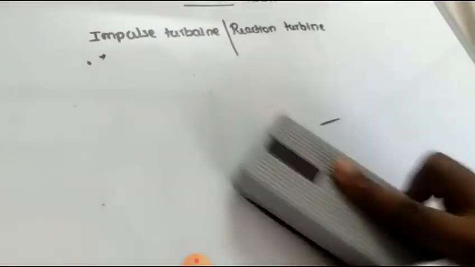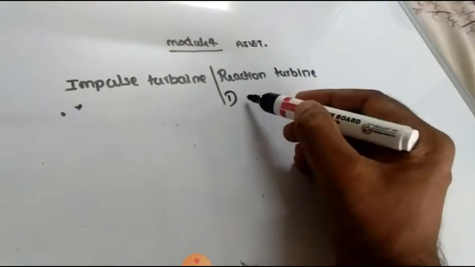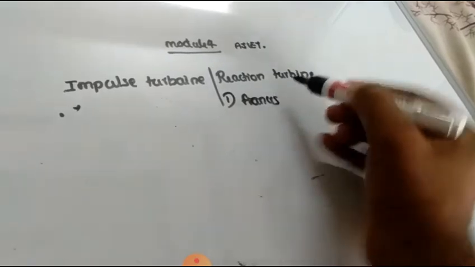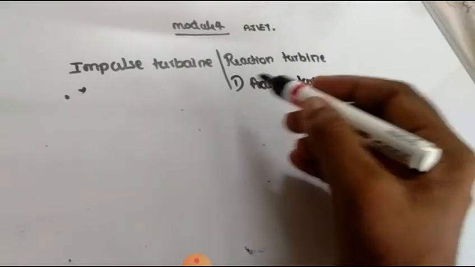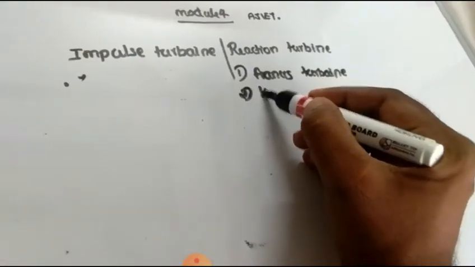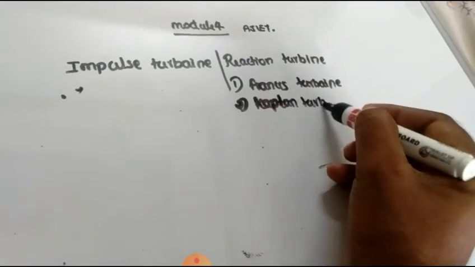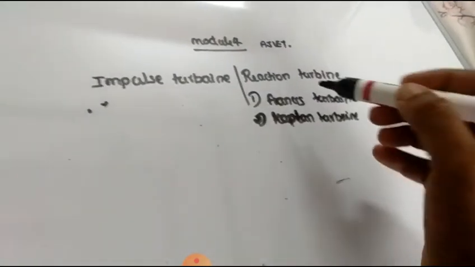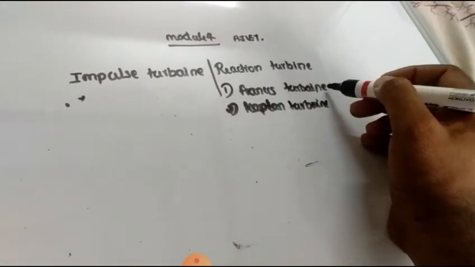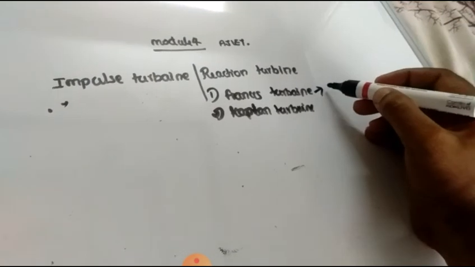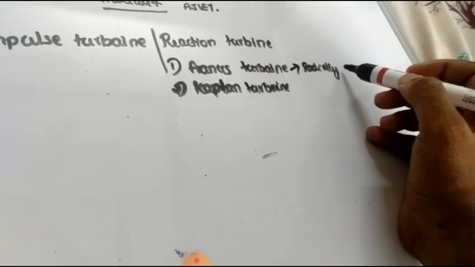And what do you mean by reaction turbine? Why do we call it a reaction turbine? Here there are two types. One is the Francis turbine, named after the scientist Francis, who found it. The second is the Kaplan turbine. Both come under the reaction turbine. In the Francis turbine, the flow moves in a radial direction, the water flows radially through the runner and it rotates.